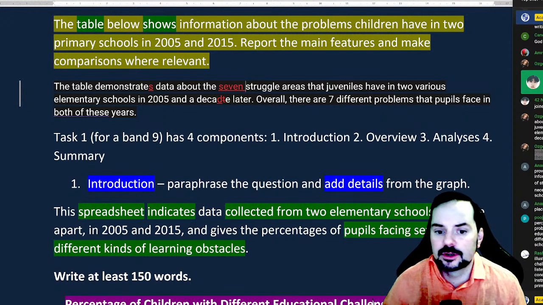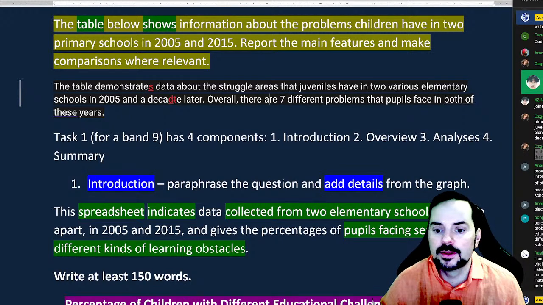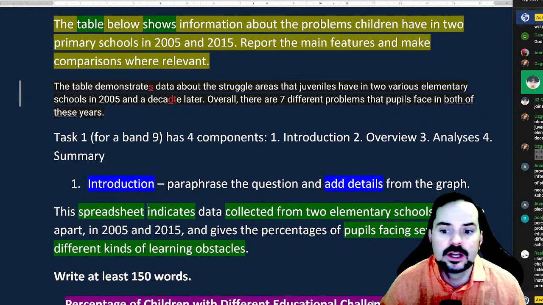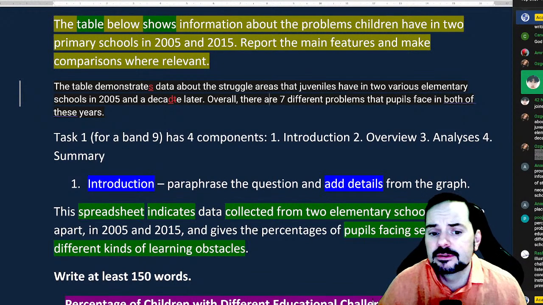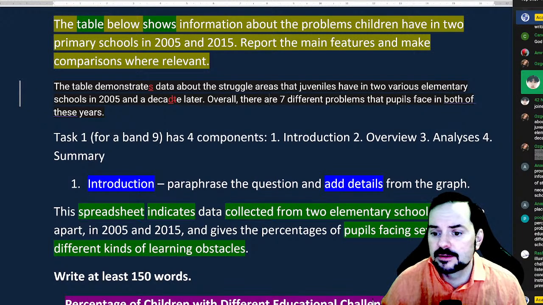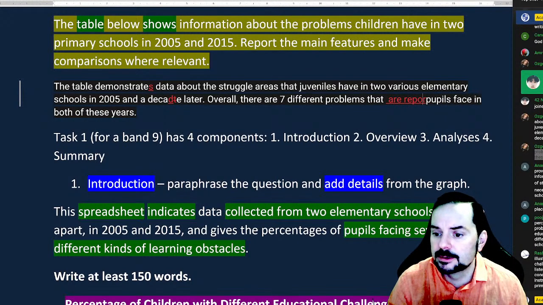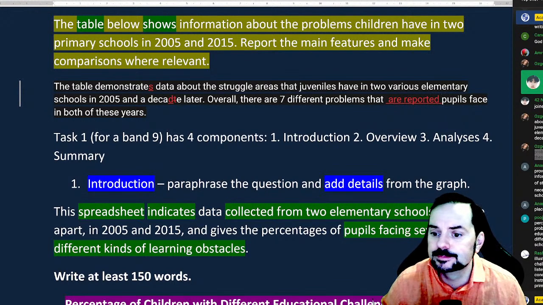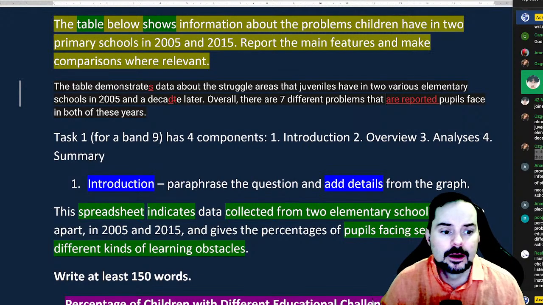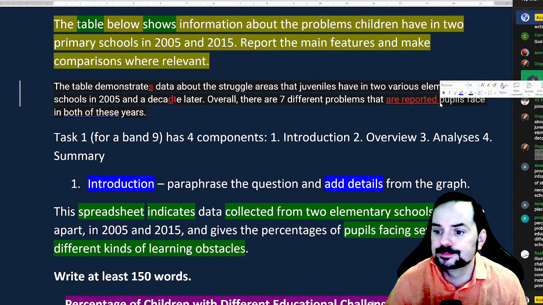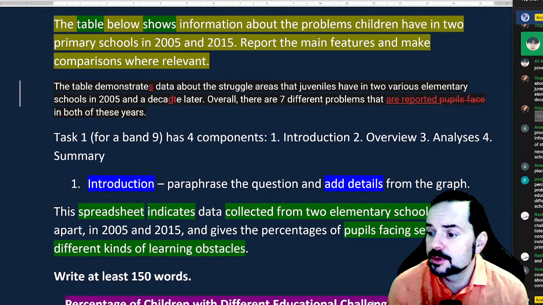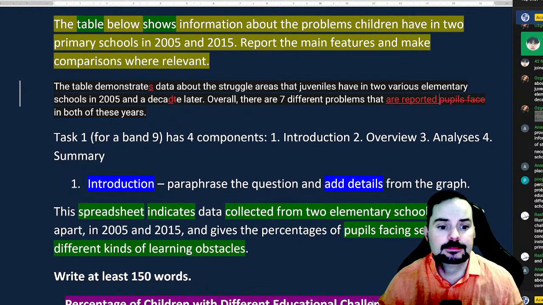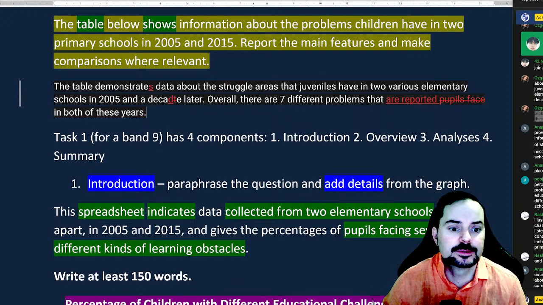All right, okay, I see what you're doing, you're saying that later. Okay, so overall there are 7 different problems that pupils face in both of these years. Maybe there's more problems than 7, but it's 7 that they're reporting on. Overall, there are 7 different problems that are reported in both of these years. Okay, so be accurate with it, but overall that's pretty good, Oz. It's pretty good. Okay. All right.